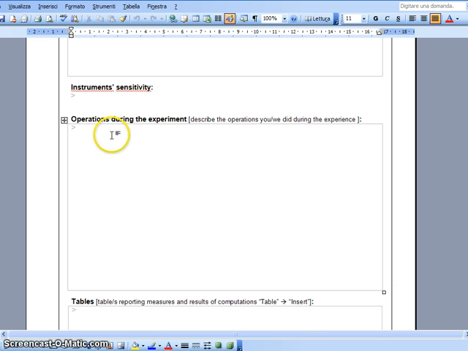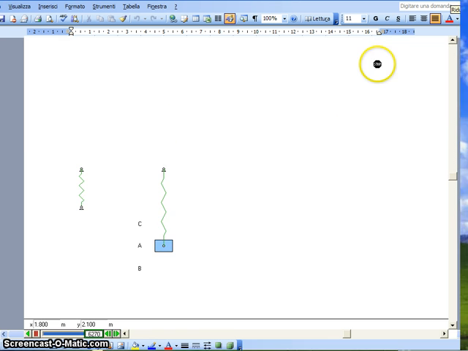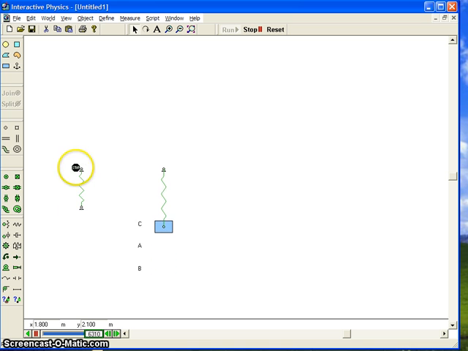In this part, you have to speak about the operations performed during our experiment. We measured the length of our spring in this situation without the object. Later, we measured the mass of the object.